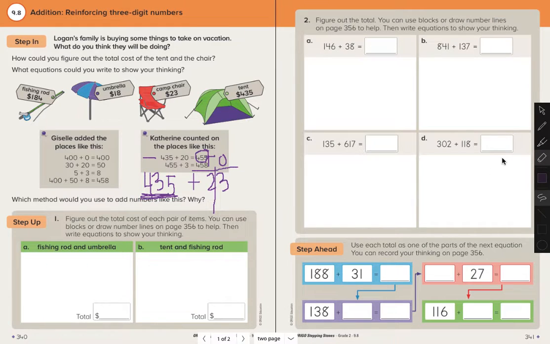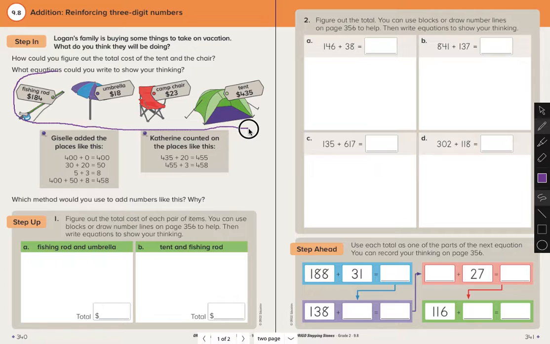Number one says figure out the total cost of each pair of items. You can use the blocks or draw number lines on page 356 to help. Then write equations to show your thinking. So the first one, A, is the fishing rod plus the umbrella. So you're looking at the prices in the step in for number one.